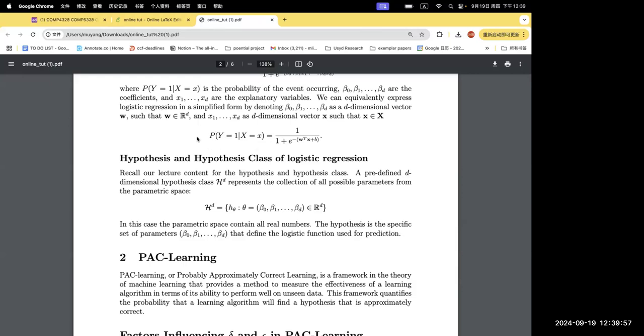In the case of logistic regression, a specific combination of the learnable weights could be viewed as a specific hypothesis, and the predefined hypothesis class for logistic regression can be viewed as the collection of all the possible parameters from the parametric space. In our case, the parametric space contains all the real numbers, so we have infinitely many possible hypotheses in this predefined hypothesis class, right? That's what has been taught in the lecture.